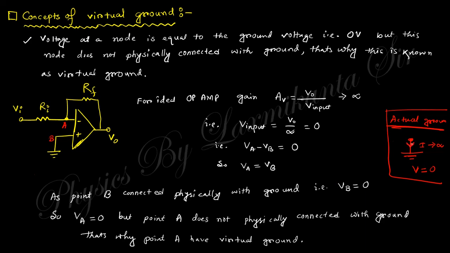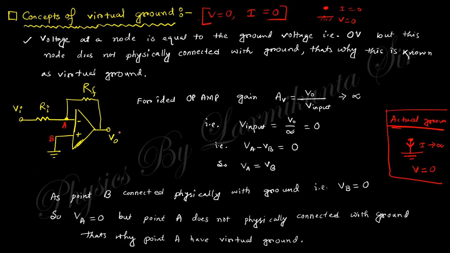A huge current can flow through this path, no problem. But in virtual ground voltage is 0, but current is also 0. This is the basic difference in terms of voltage and current. In virtual ground, this is not connected physically, whereas this is connected physically. So this is V0 and I is also 0, because this is not connected with ground. That's why current is 0.